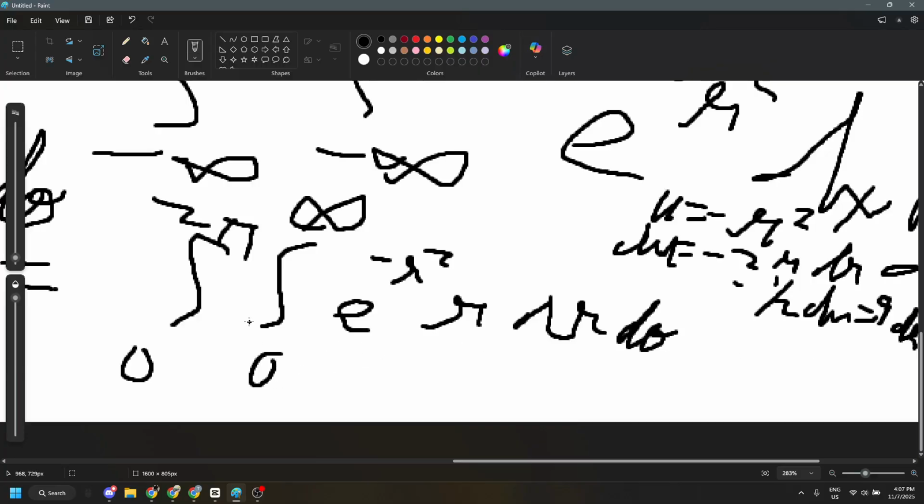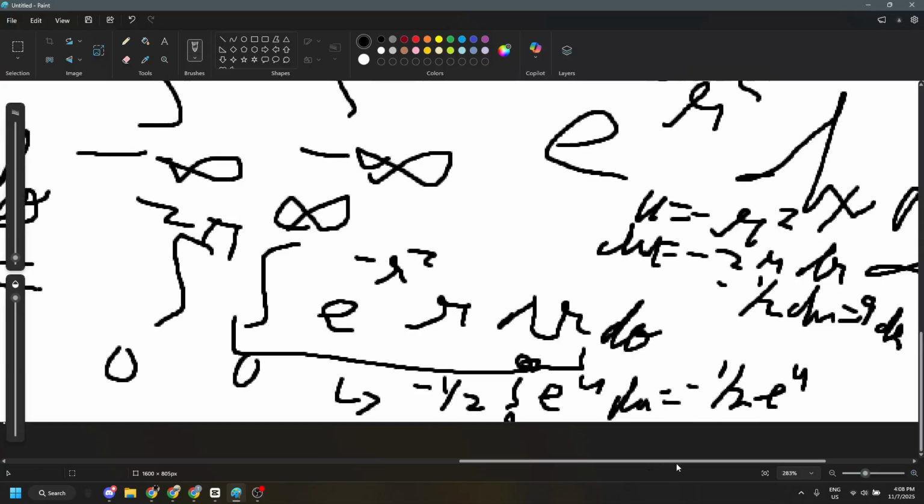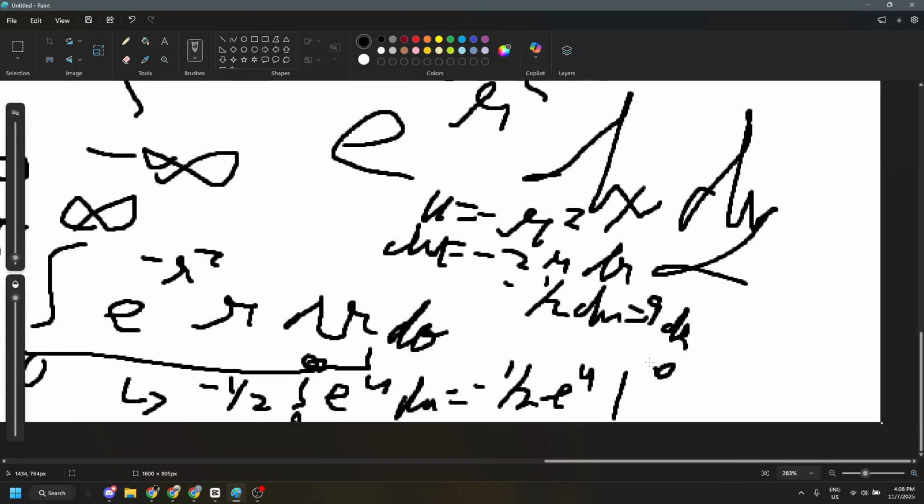So if we're just doing this inside integral, then we get negative 1/2 of the integral of e to the u du, which is negative 1/2 e to the u.